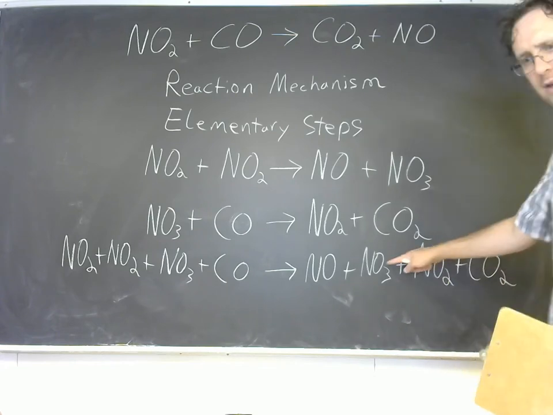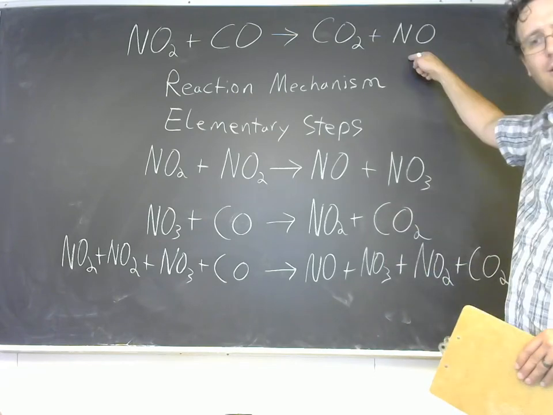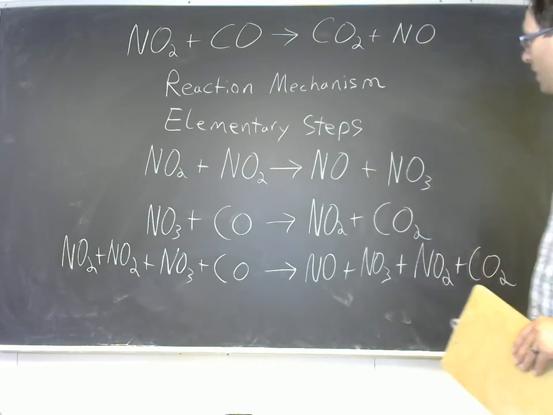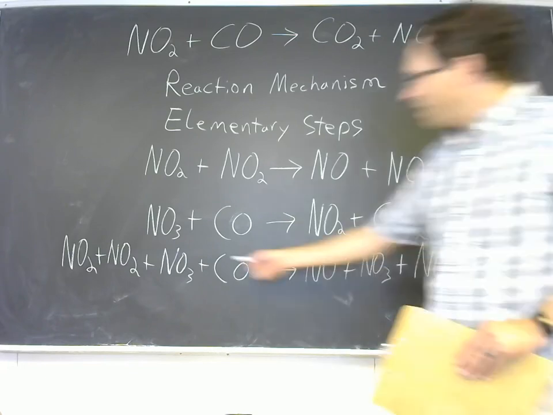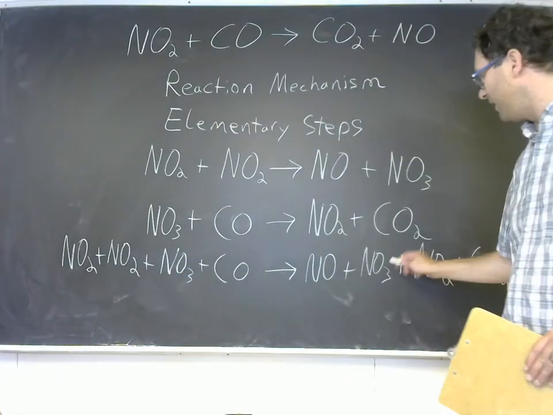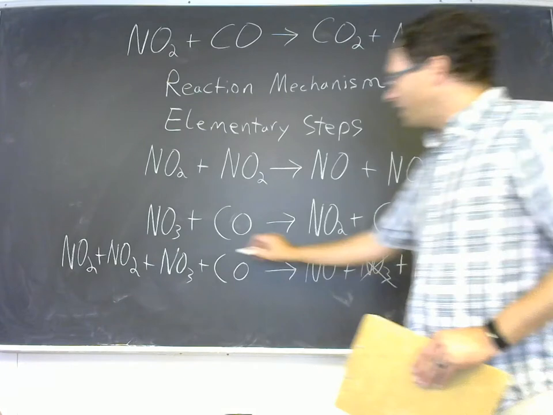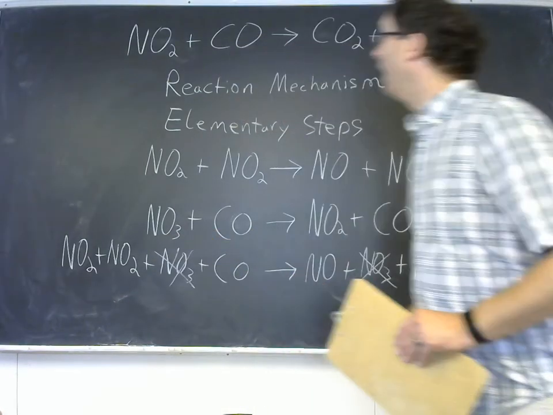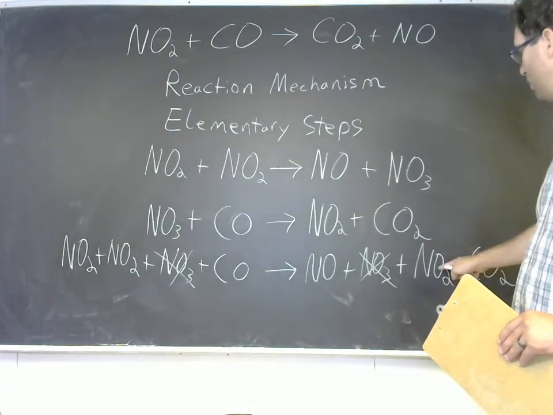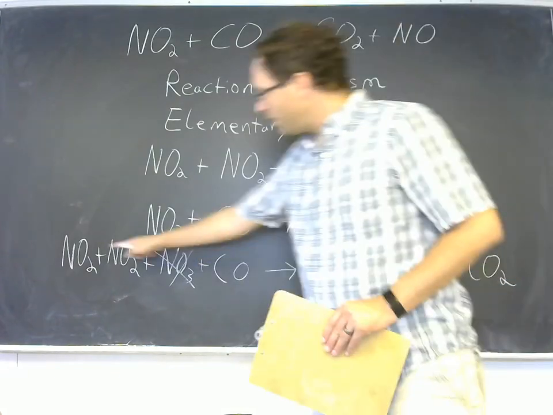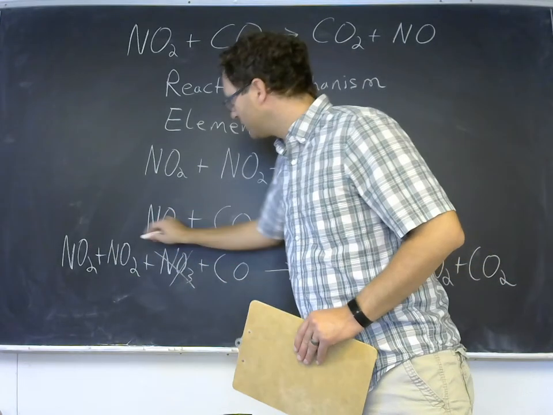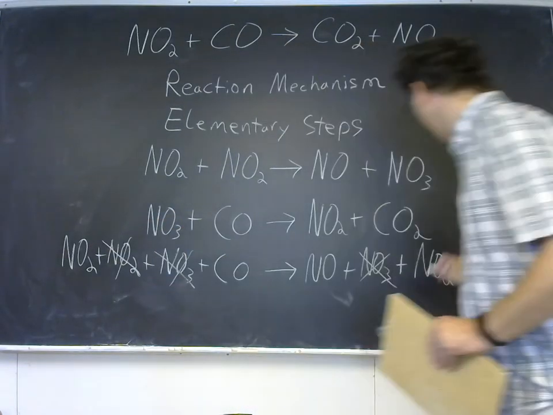Now this certainly does not look like our reaction yet, but we can now do some cancellations. I have NO3 on the left side and the right side, so let's cancel that out. And I have NO2, one NO2 here and two NO2s there. So let's get rid of one of them.